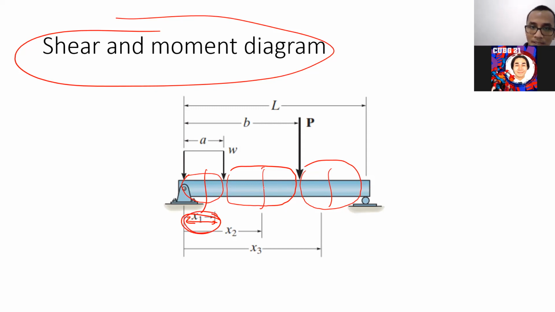The same when we do this particular cutting: we find the equation representing the normal force, shear force, and internal moment at this region. So when we cut, we will not get exactly a certain value, but an equation representing the internal force and internal moment at a certain region.